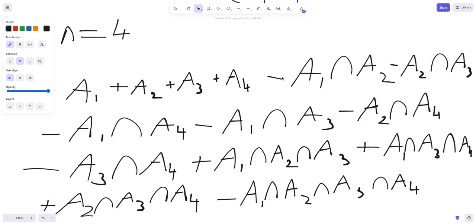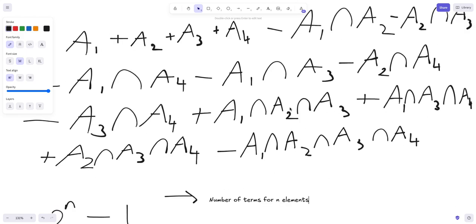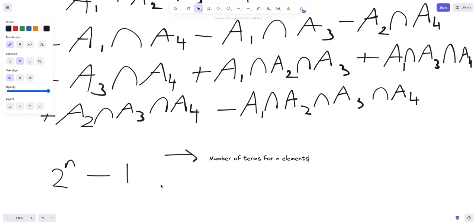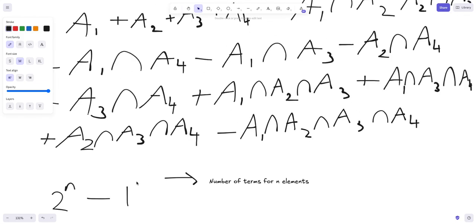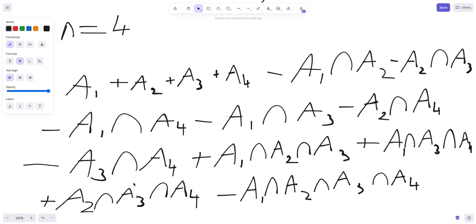We have 1, 2, 3, 4, 5, 6, 7, 8, 9, 10, 11, 12, 13, 14, and 15. Yeah, we have 15, and so that would be 2 to the power n minus 1, so 16 minus 1 is equal to 15. So yeah, this is a simple formula that you can use. I hope I'm not missing anything over here. If I am, you guys can check it out yourselves.